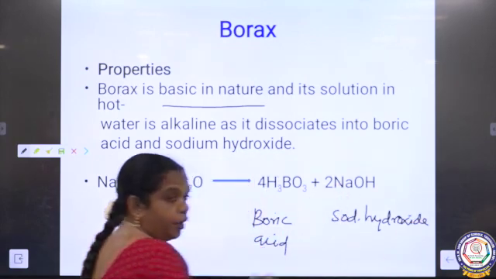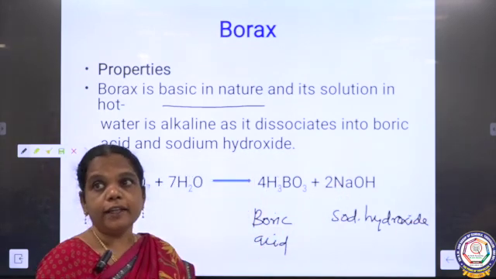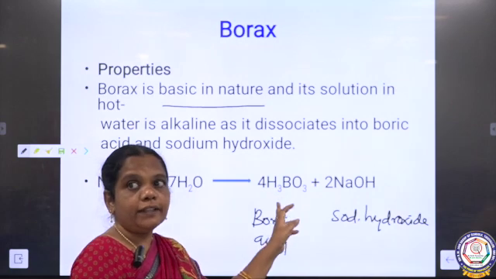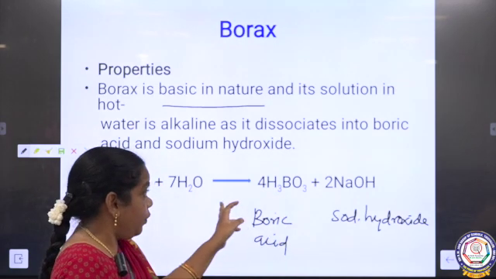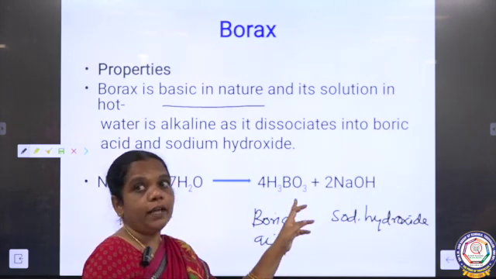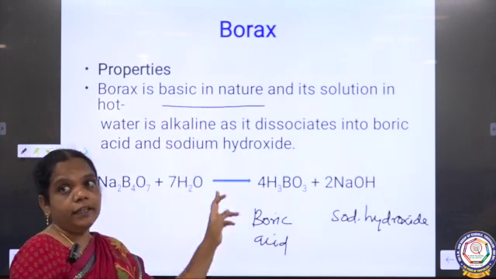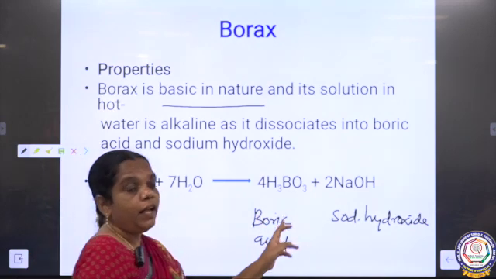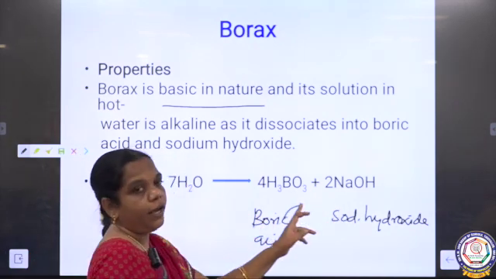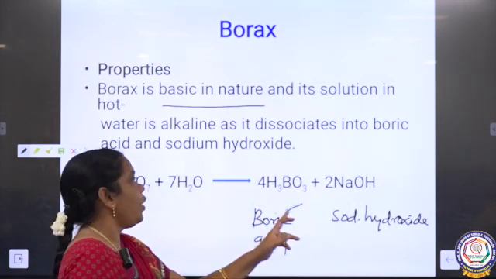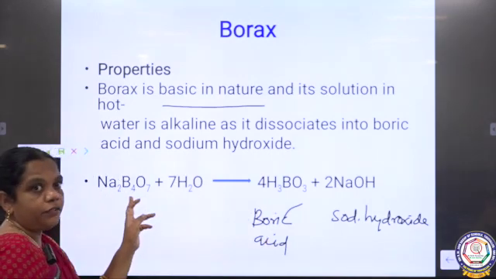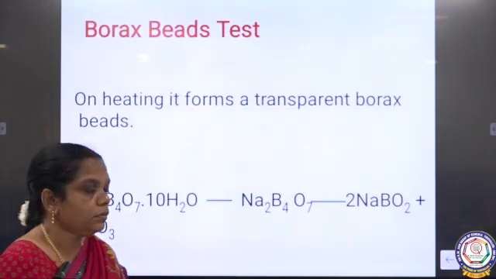Here the sodium hydroxide is a strong alkali and the boric acid is a weak acid. So from this we know that borax shows basic nature due to the formation of an alkaline solution.